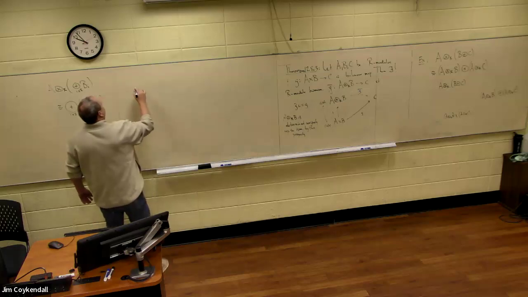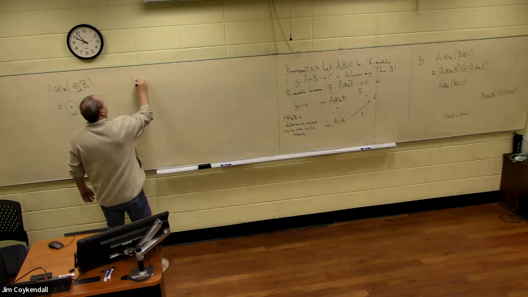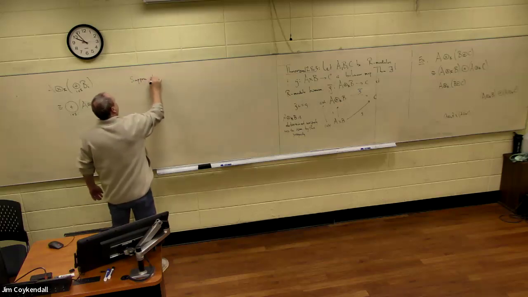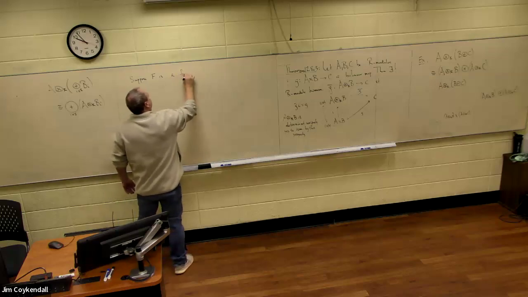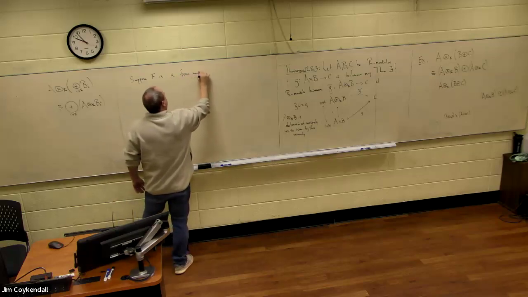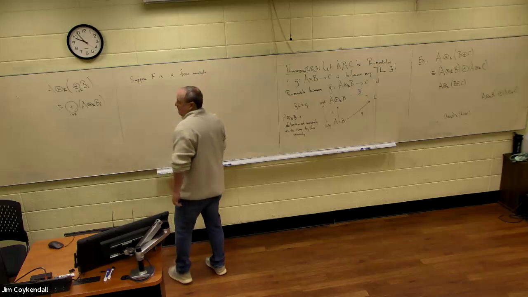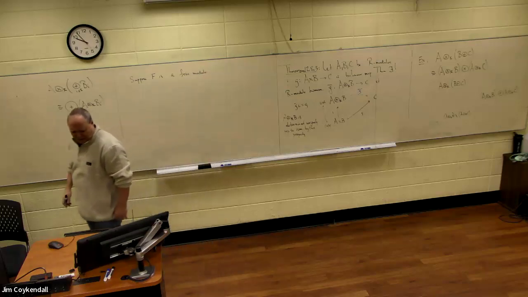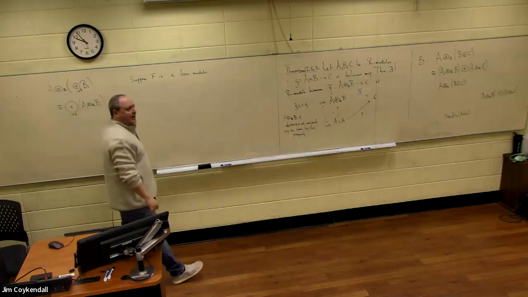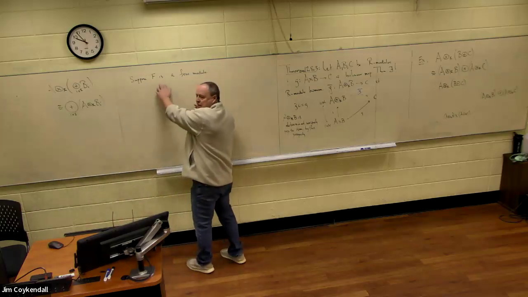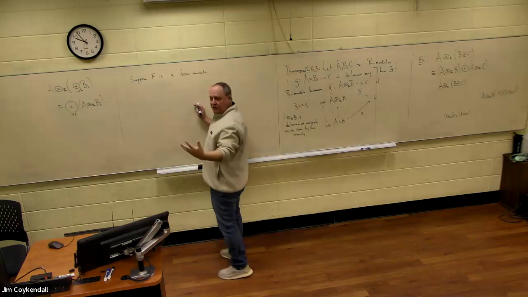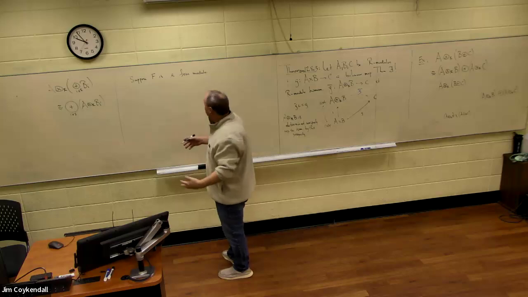So here's kind of the last takeaway that we'll do today. Suppose F was a free module. And of course, we know what a free module is, right? It's just some number of copies of R, and this is uniquely determined by how many copies there are.